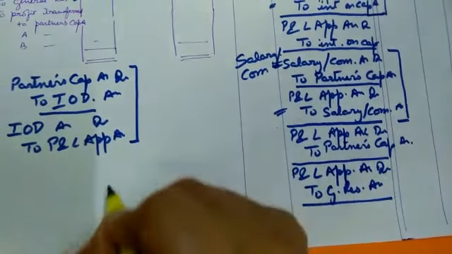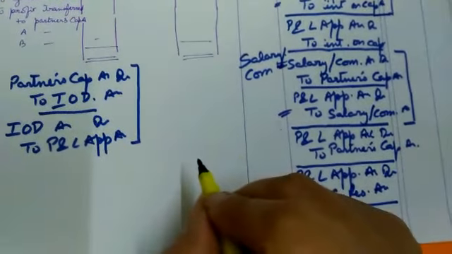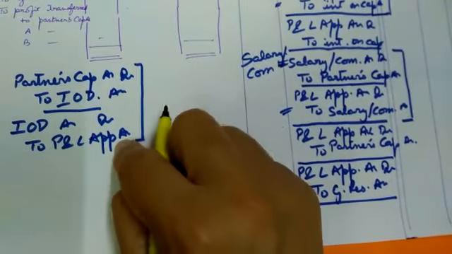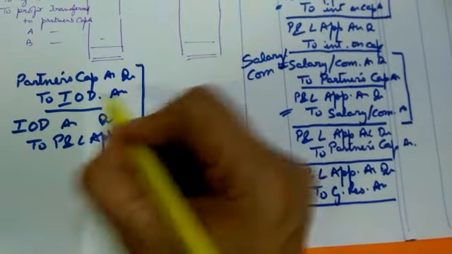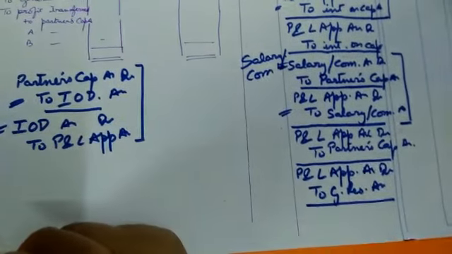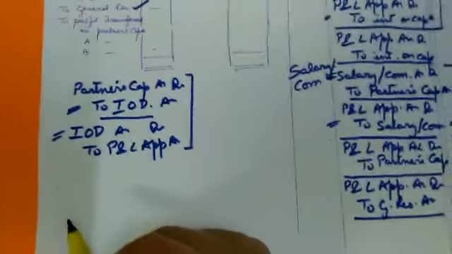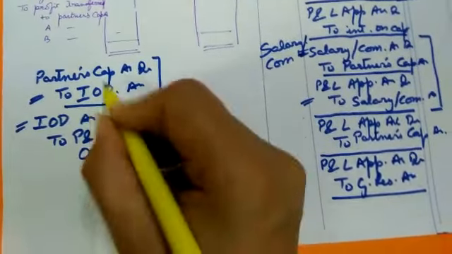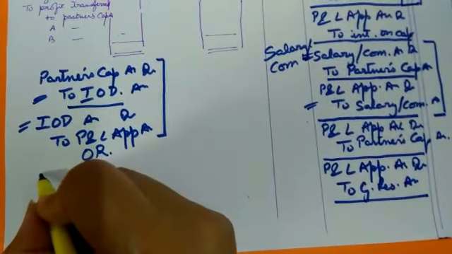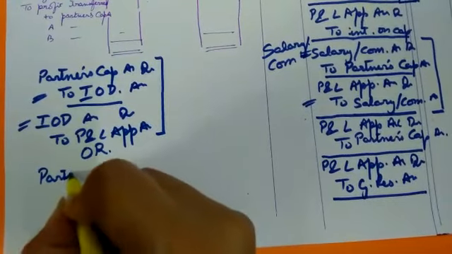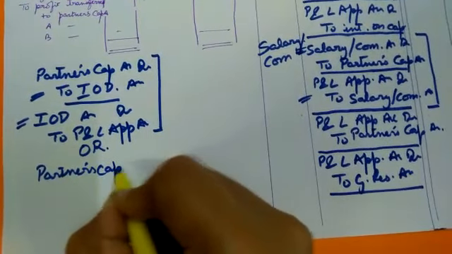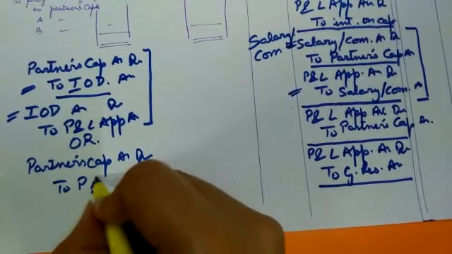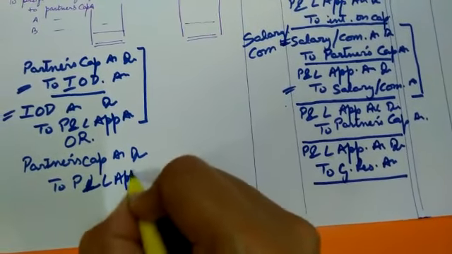As we had done in the case of interest on capital, salary and commission, similarly for these two entries also one clubbed entry can be passed. I have already marked on the board what can be cancelled. In place of these two, the single journal entry will be partners capital account debited to P&L appropriation account.